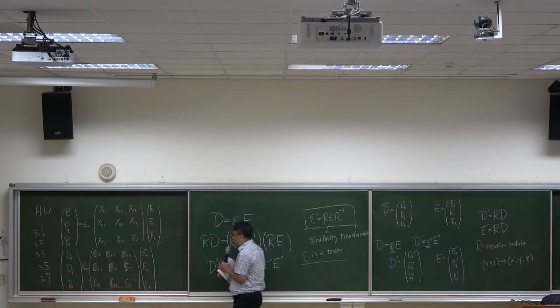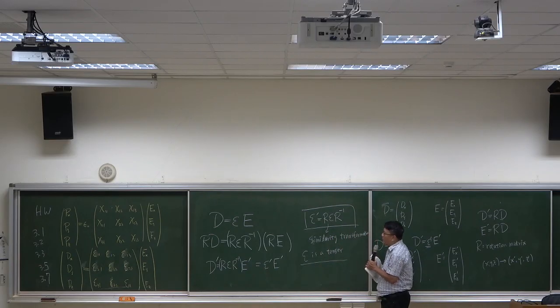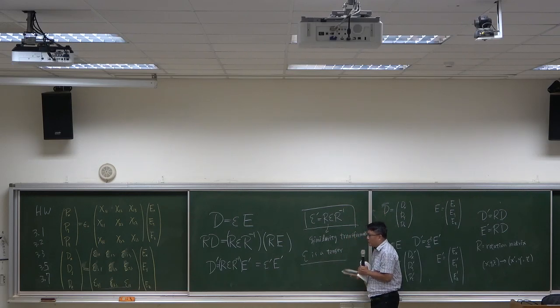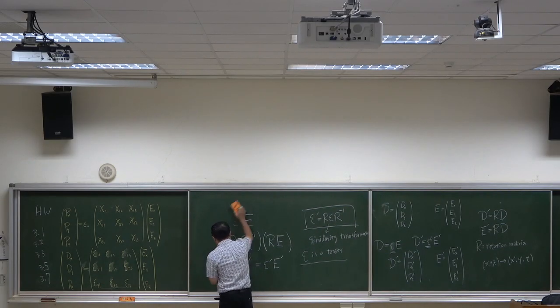Okay? This means that we have already found the so-called principal axis. Principal axis means you can treat principal axis as the eigenvectors of epsilon.